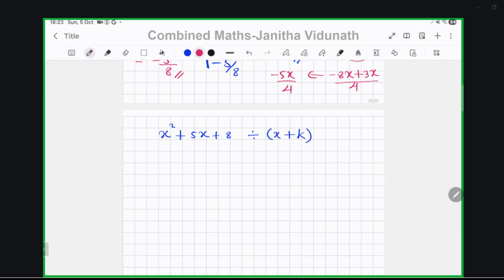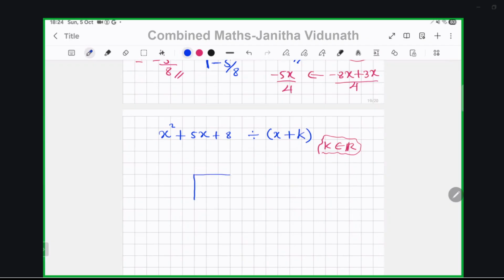Now here k is any real number. Previously all the coefficients were numbers, but now this can be any real number. Now we are going to divide such kinds of polynomials.